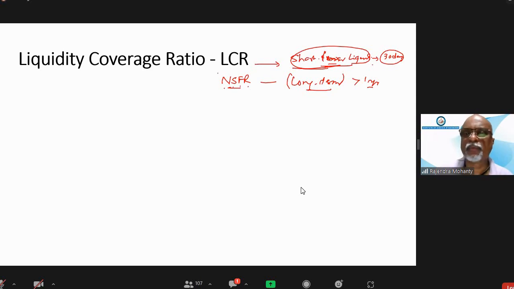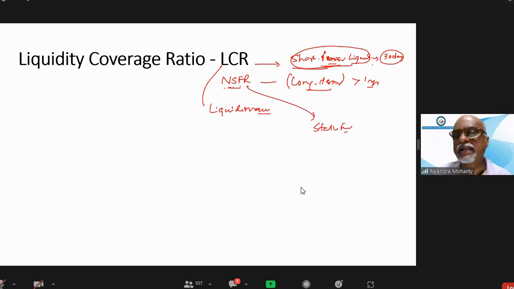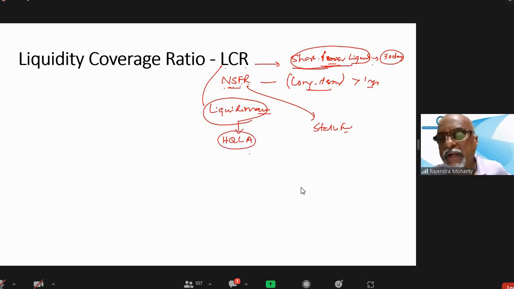So you have to maintain some funds in a liquid manner, and also some stable funds. That's why it is the net stable funding ratio. The liquidity coverage ratio pertains to liquid funds, which are also called high quality liquid assets, HQLA.